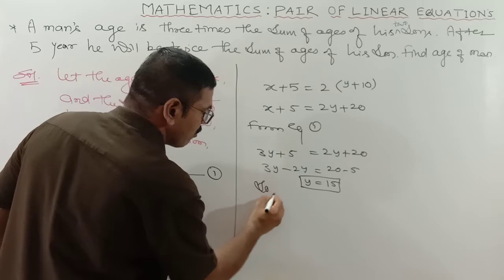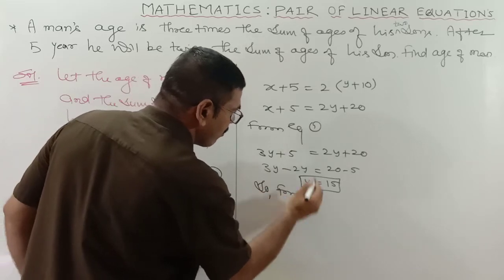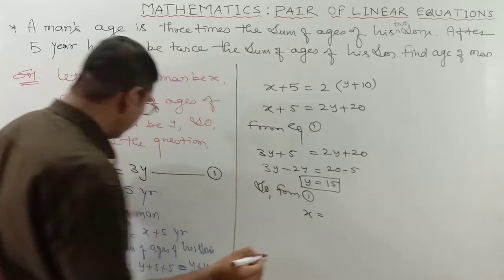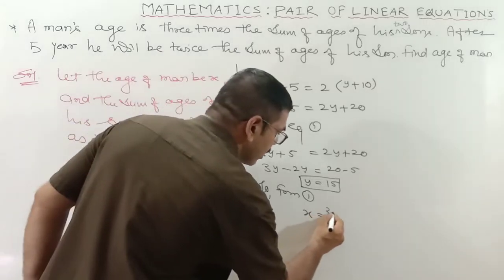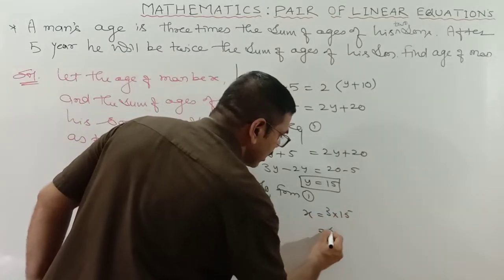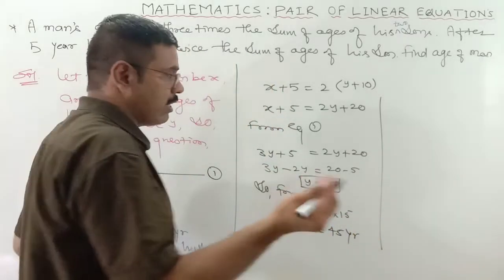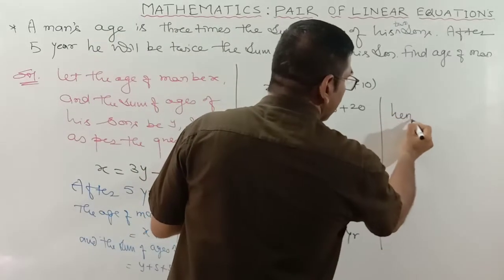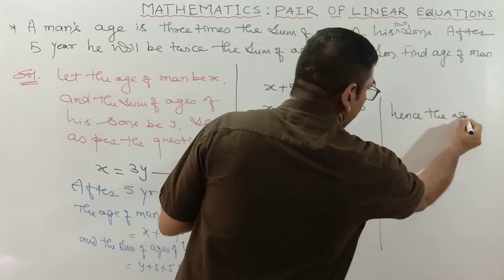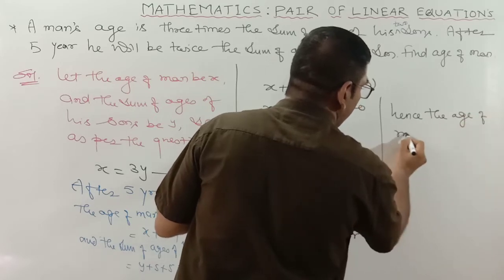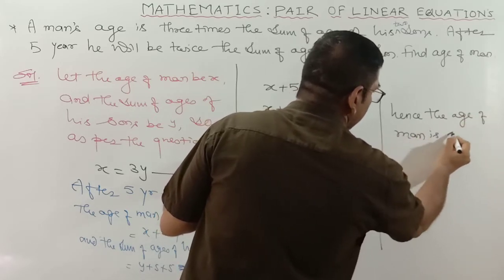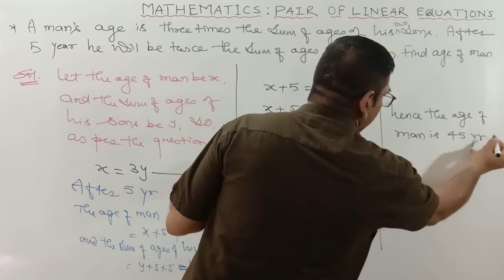So from equation 1, x will be equal to 3y, means 3 into 15, it is 45. So we'll write the answer. Hence the age of man is 45 years.